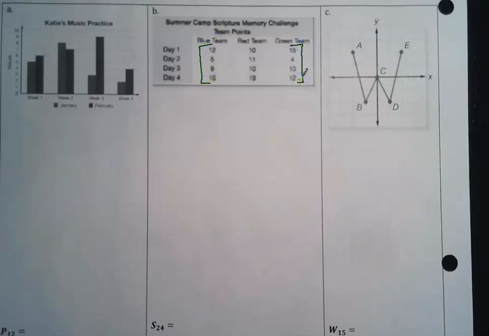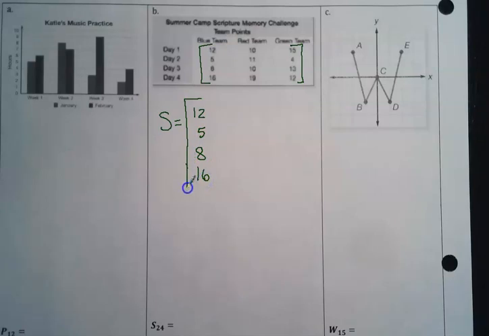You just have to put it in matrix form. That's it. So let's call this S for scripture. So my numbers are 12, I'm going to finish my bracket, 5, 8, and 16.